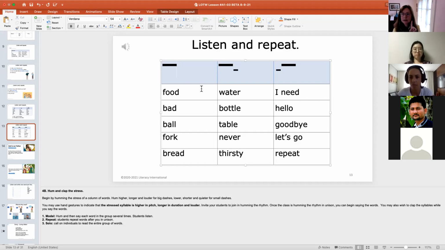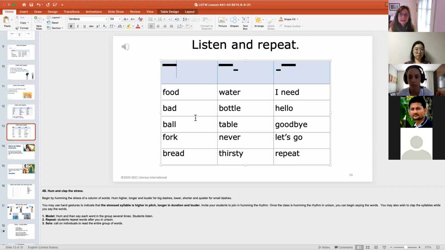Okay, so 1 syllable. Food, bad, ball, fork, bread. Okay, so Inji, can you please say those words in column 1? Yes. Food, bed, bowl, fork, bread.